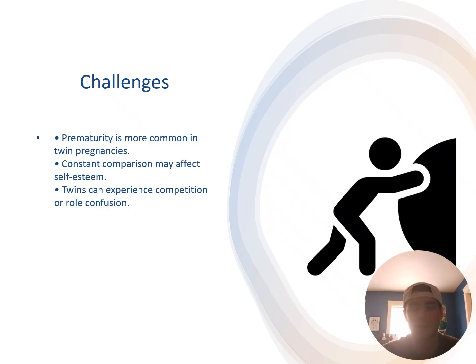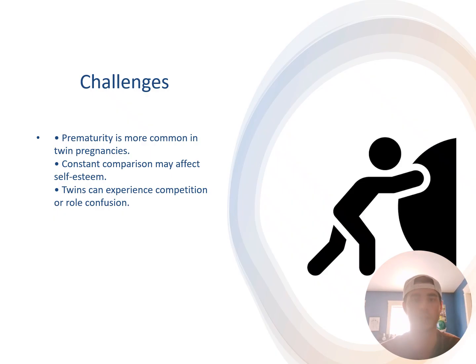Although there are a lot of unique positives to having a twin, there are also a lot of unique challenges. One of the challenges is that pregnancies are a lot more likely to result in premature births or lower birth weights. This is because the twins share one placenta, so if you see a pregnant woman carrying twins versus one carrying a single child, there really doesn't appear to be too much of a difference.